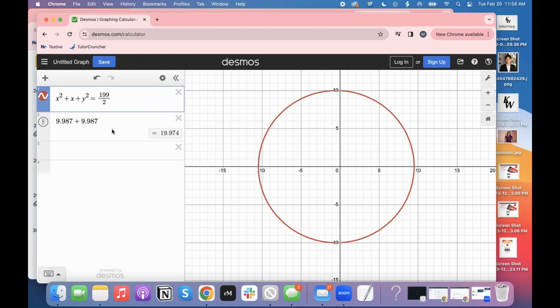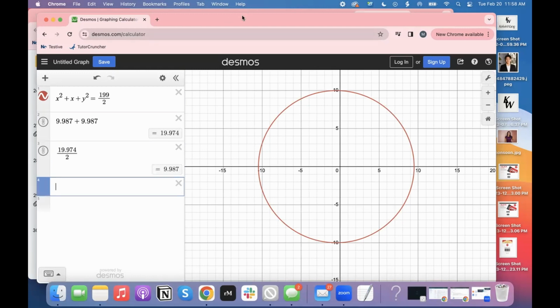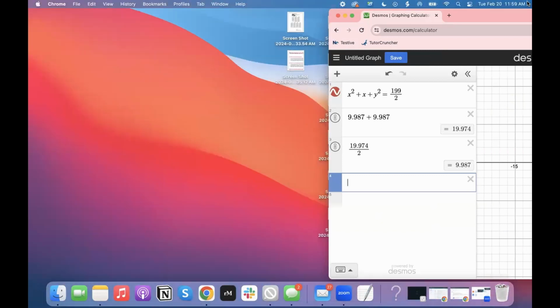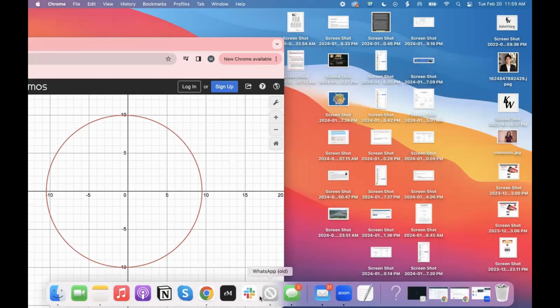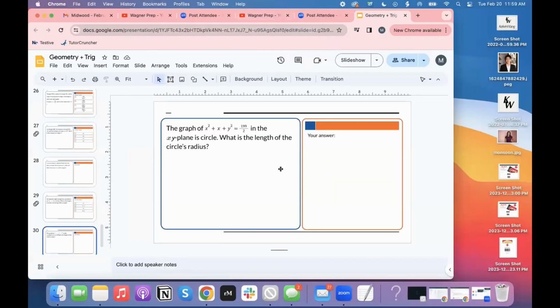So we can just take 19.974 divided by 2, and you get 9.987, and that's the radius. That's how we get the length of the radius.